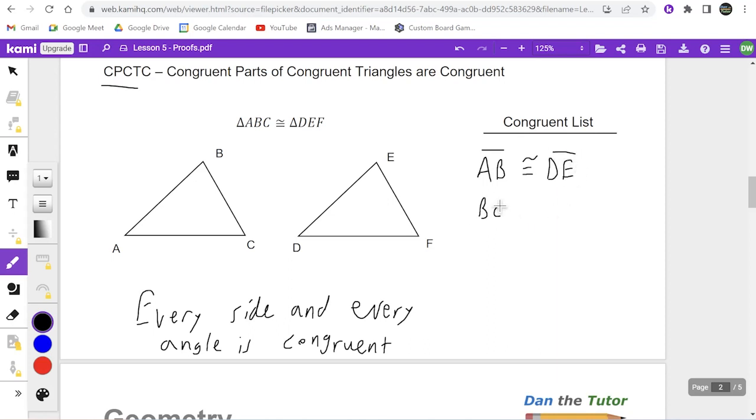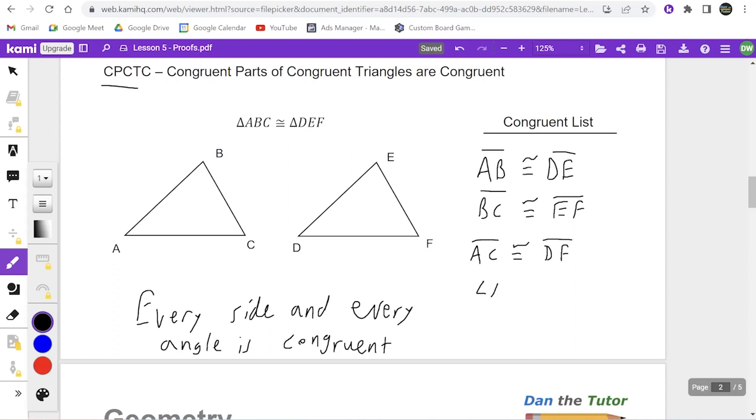We've got line segment BC is congruent to line segment EF, as you can see. And then we also have line segment AC is congruent to line segment DF. That's it for the sides. Now we have 3 angles that are congruent.